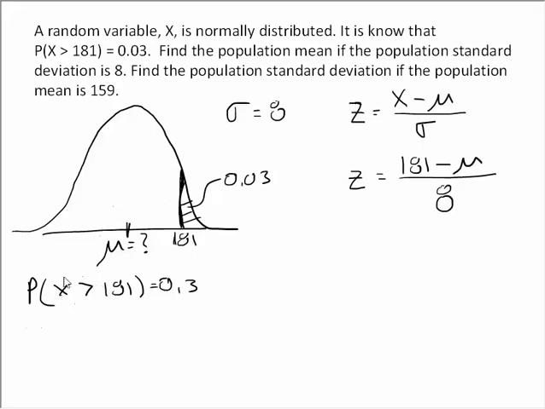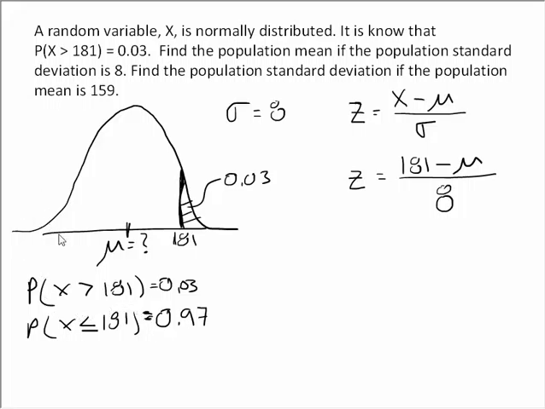So I can just turn this around and say the probability of x being less than or equal to 181, that's all this white space here, is equal to 0.97.